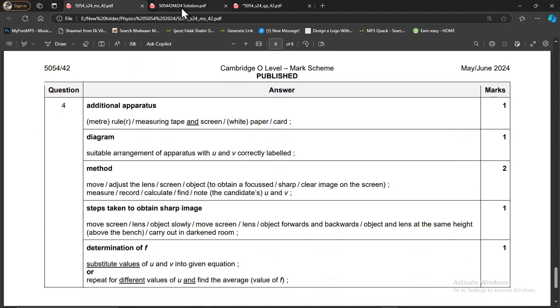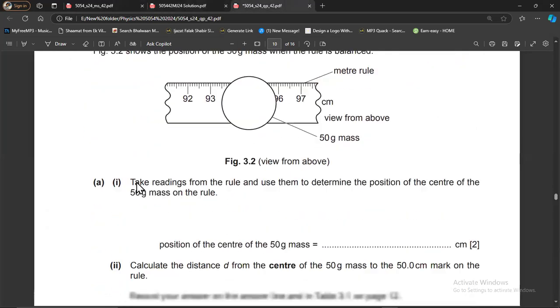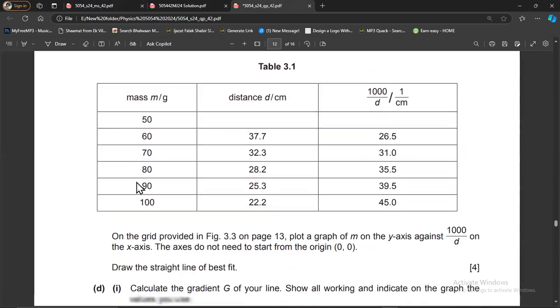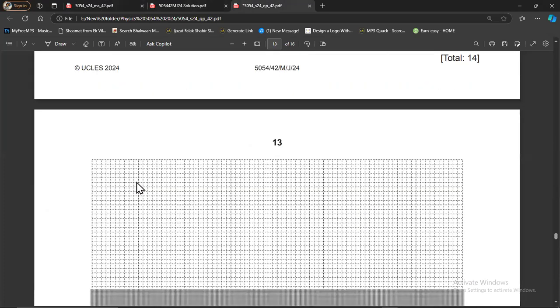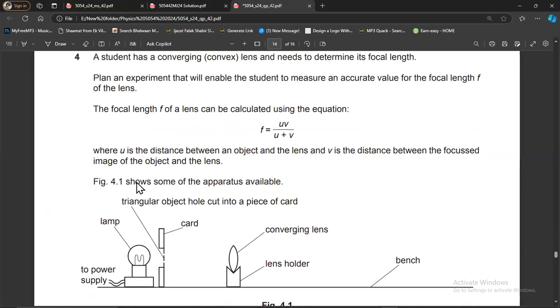So here we have question number 4 showing up on your screen now. Question number 4 is the planning question, a new type of question which has been added since 2023. A student has a converging convex lens and needs to determine its focal length. Plan an experiment that will enable the student to measure an accurate value for the focal length f of the lens.